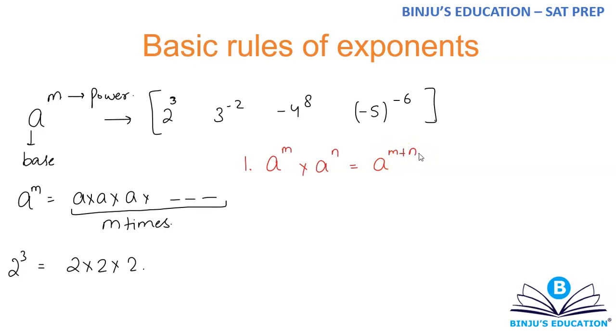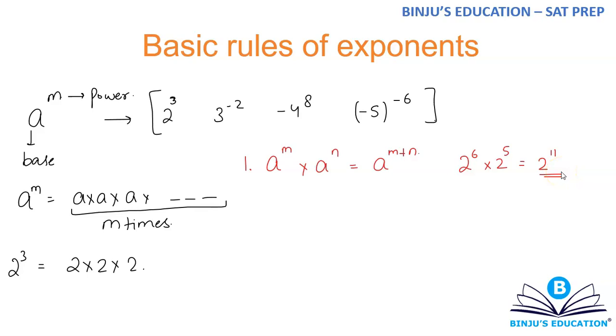If the base is the same and two things are multiplied, then the powers are added. For example, 2 to the power 6 into 2 to the power 5 will become 2 to the power 11.